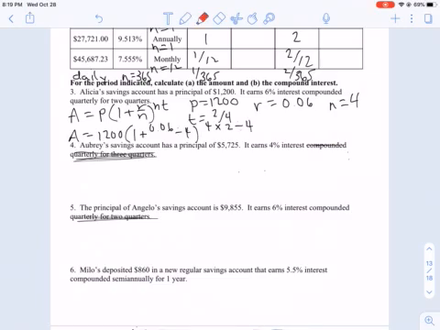Now, to make this part happen in your calculator, if you're using anything other than a calculator, you're going to use x to the y. If you're using a calculator, you're going to use what's called the caret. So let's go ahead and type this into Google Calculator.